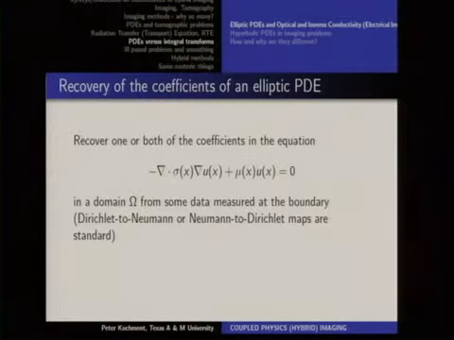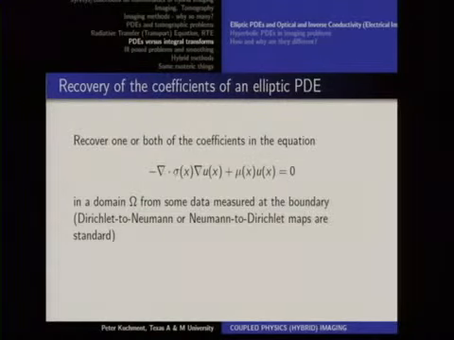So now I will show you the problem that simultaneously models optical tomography and electrical impedance tomography. You have this equation, and in electrical impedance tomography, this mu is 0, it's not there. U is potential, sigma is the conductivity, and sigma you want to find.